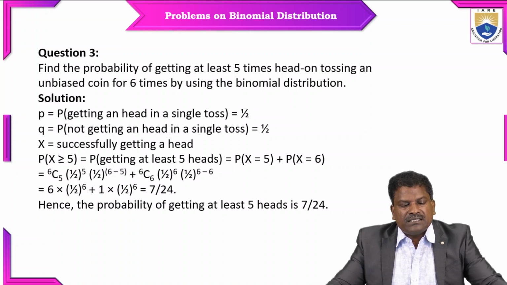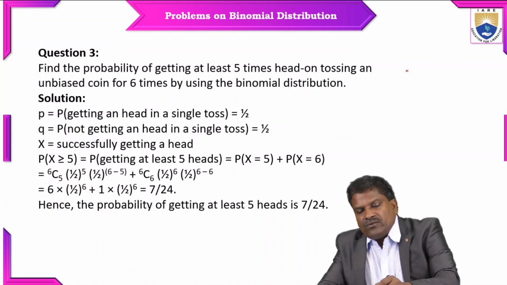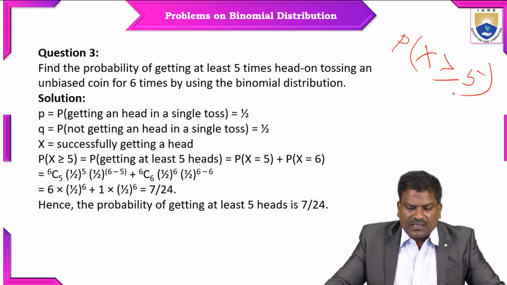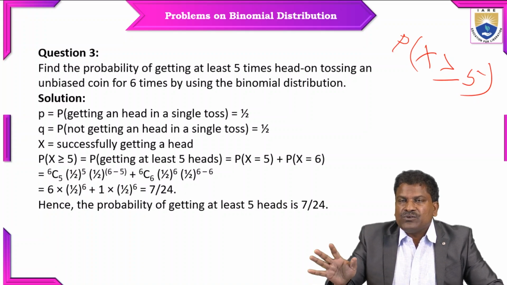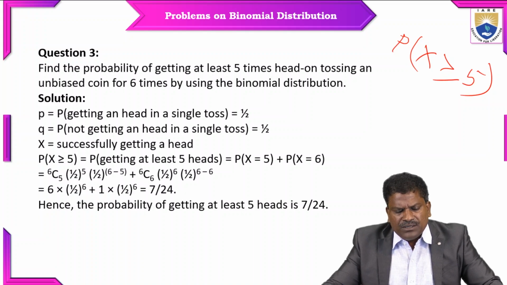X is the number of successes, getting a head. So here, what is success? At least 5 times. That's why we have to find P of X greater than or equal to 5. At least 5 means 5 should be there, 6, 7, 8, 9 also will come.